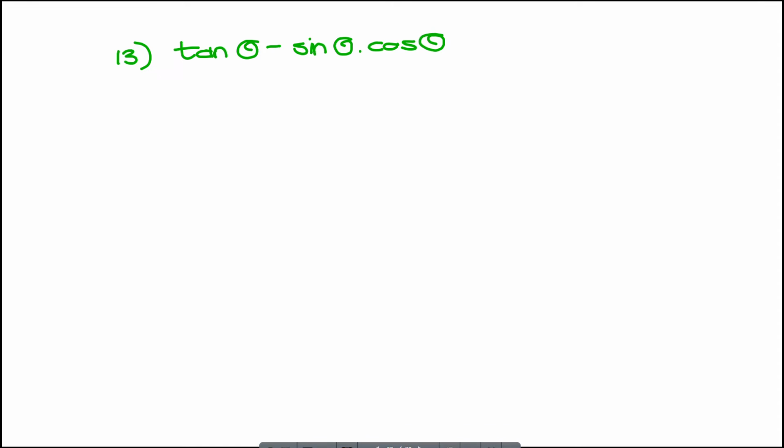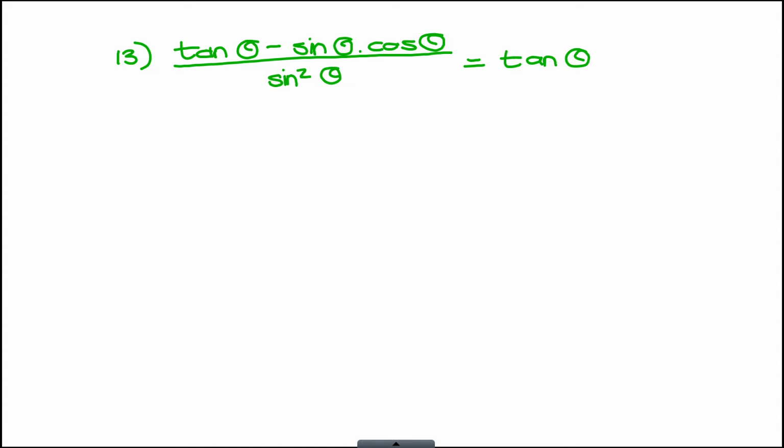Okay, number 13 was gewees tan theta minus sin theta maal cos theta over sin squared theta en dis gelyk aan tan theta. Alright. Goed, so daarbo het ons gesê, heel eerste ding, maak alles in terme van sin en cos, nee.